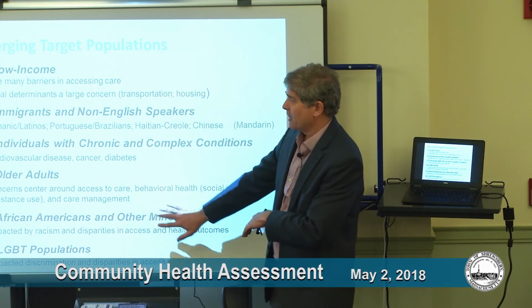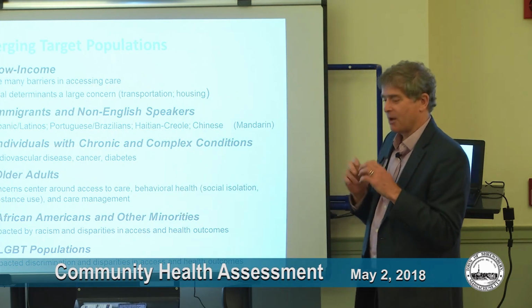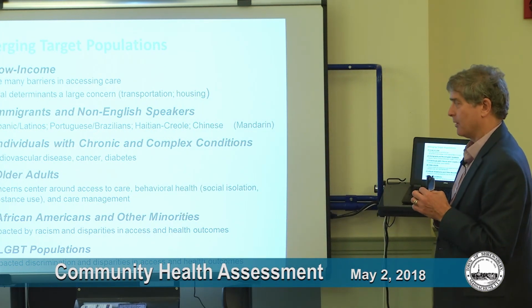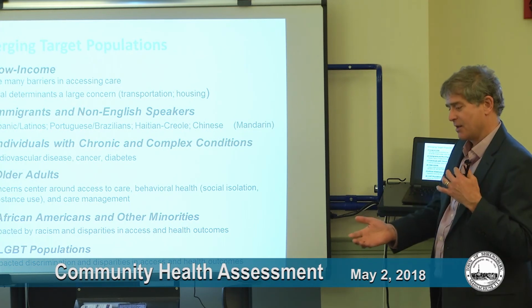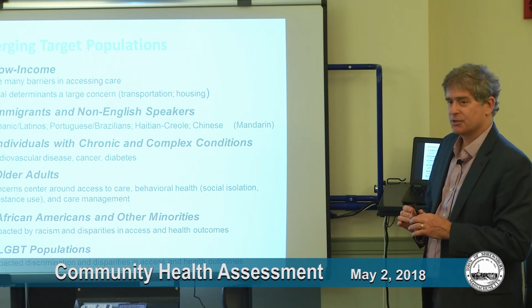So these are some of the leading priority populations that we've identified and that the assessment needs to really focus on to try to perfect our understanding of those populations.